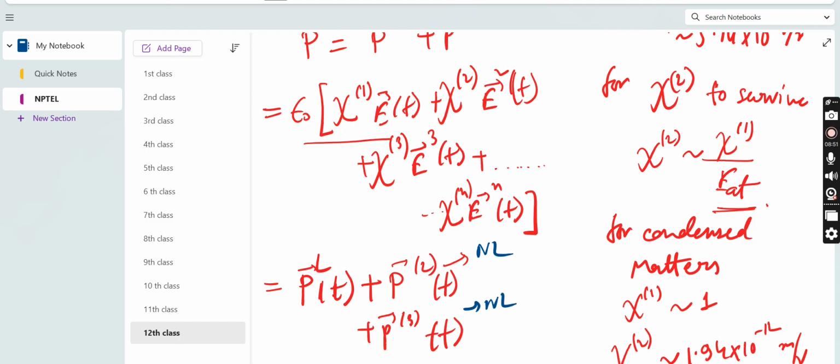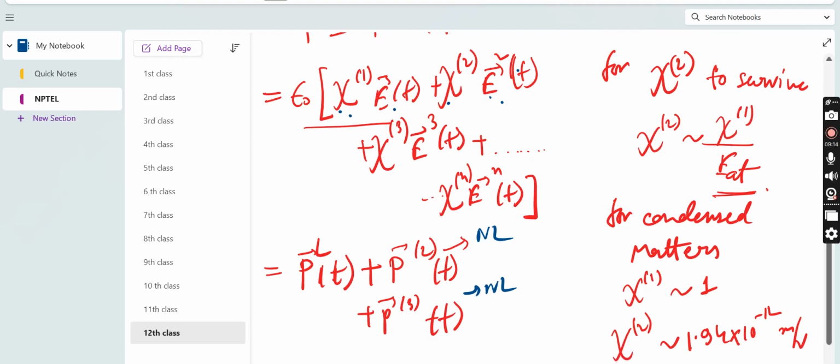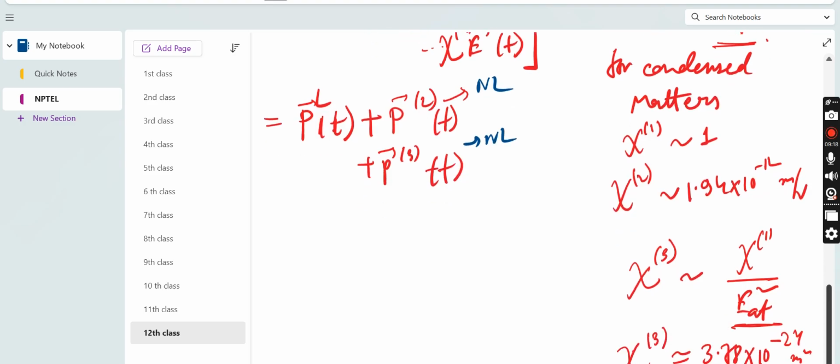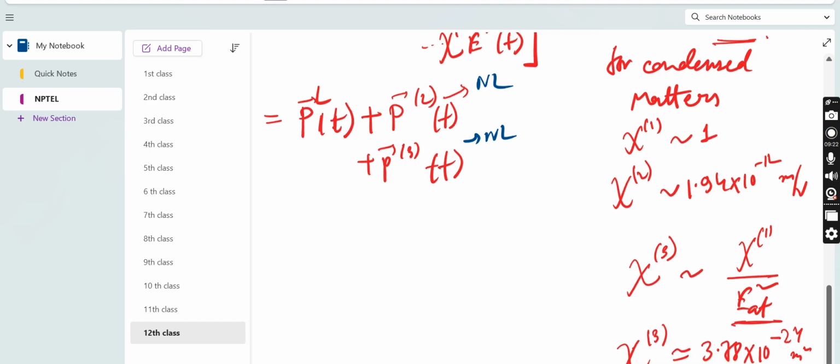You can see here that chi 1 E and chi 2 E squared should be of equal dimension. So that's why chi 2 is chi 1 by E. Similarly, chi 1 E and chi 3 E cubed should have the same dimension, so chi 3 should be of the order of chi 1 by E squared.